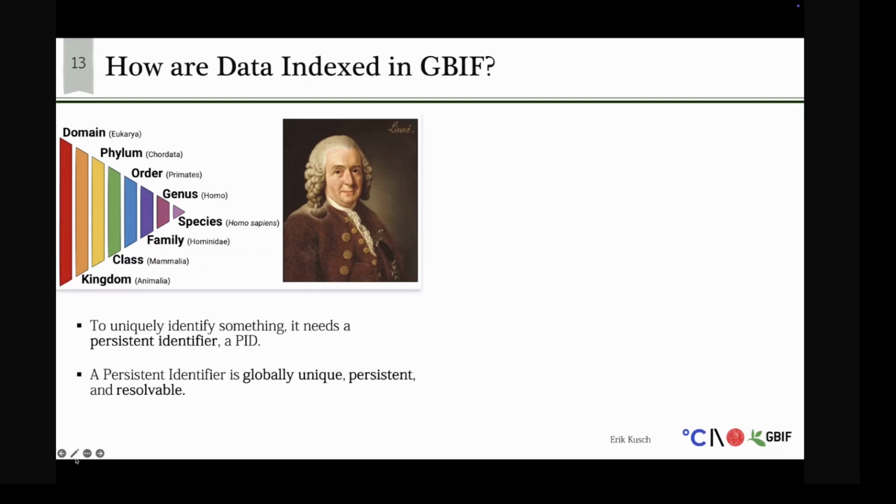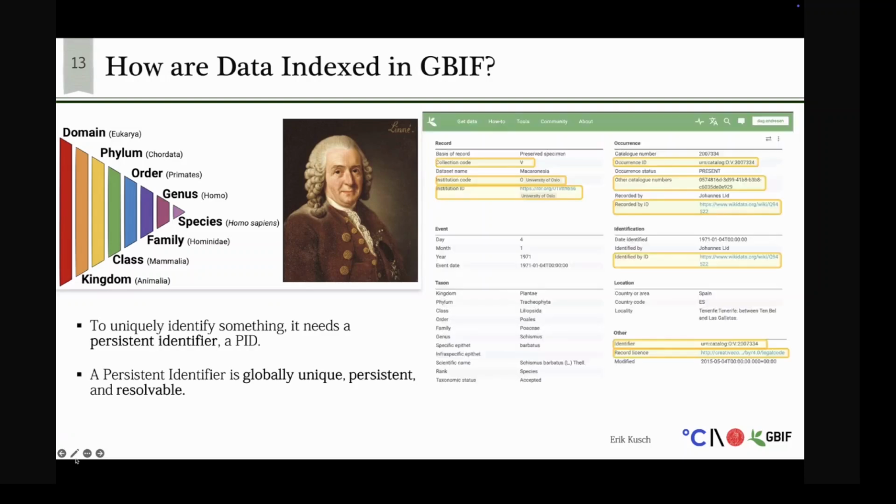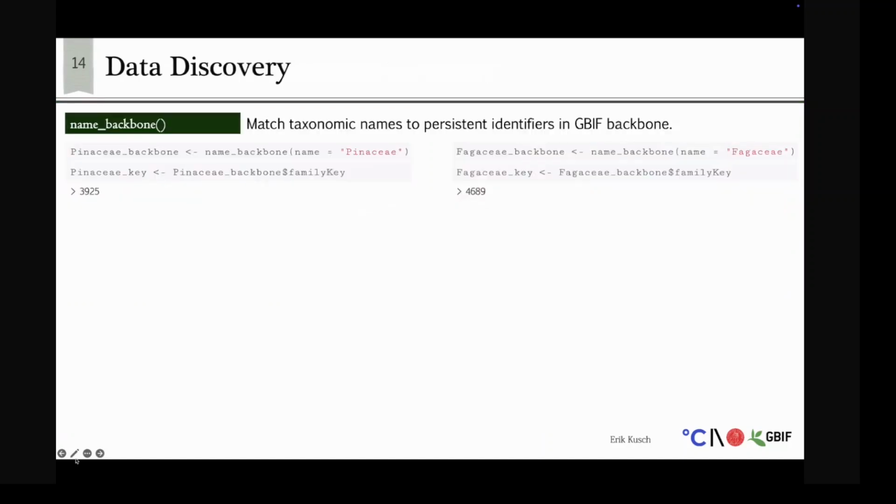These are, as I said, unique, persistent, and most importantly, resolvable by machines. And you need to interact with them, as GBIF has those kinds of identifiers all over itself. So understanding how to use these identifiers is crucial for obtaining the data that you actually need for your specific research purposes. And this is how you do it.